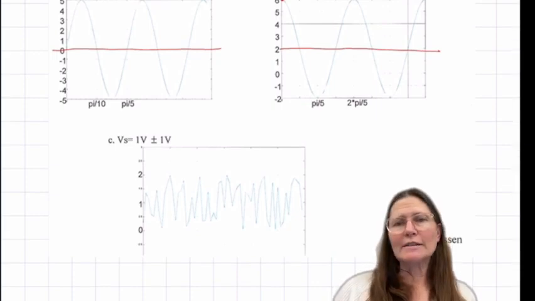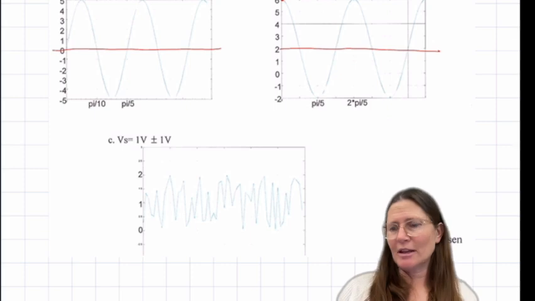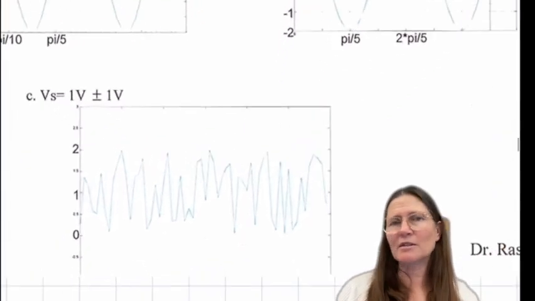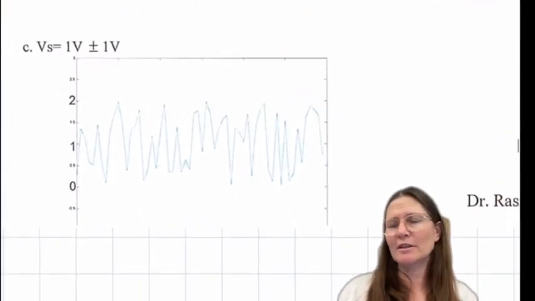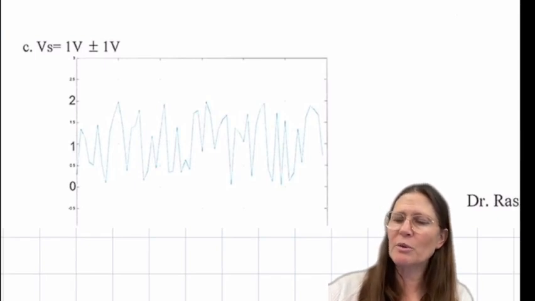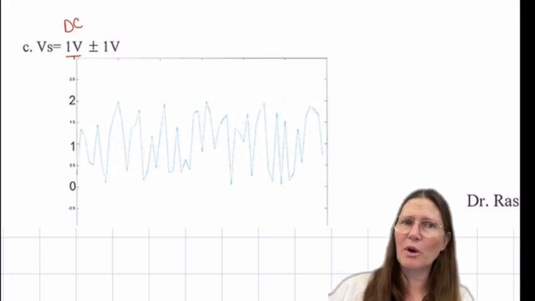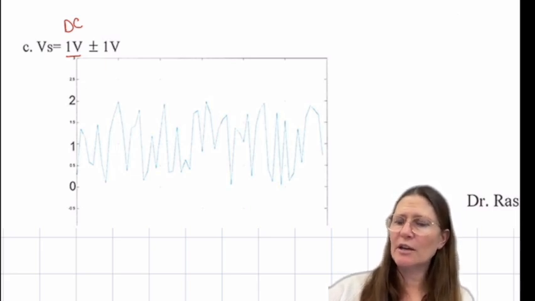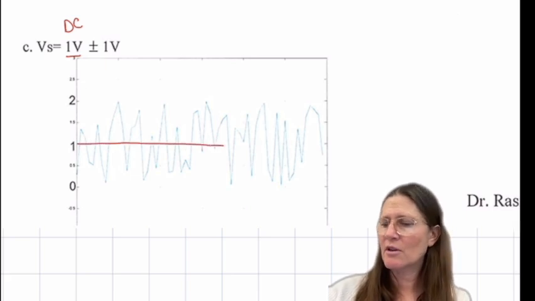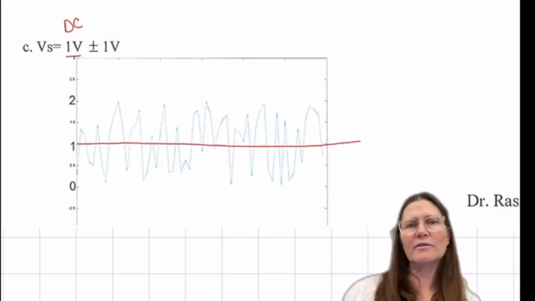Sometimes your AC portion is not a sinusoid, and it can be something that's more like random noise like this. So this signal we would describe as having a DC component of 1 volt, and then it ranges because it's kind of chaotic.